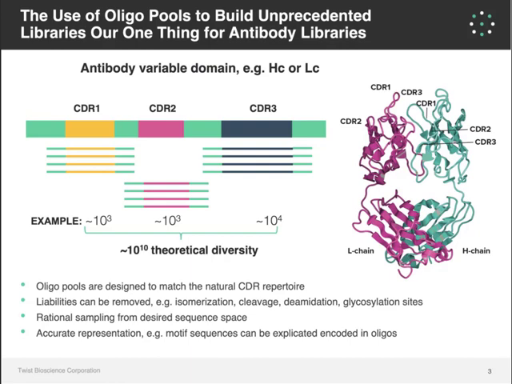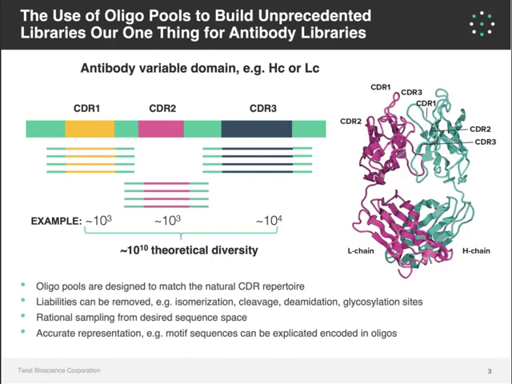I also can remove sequences up front from the synthesis that might lead to issues with isomerization, cleavage, deamidation, or glycosylation, for example. And the third advantage, which is key to the GPCR library case study that I'll talk about today, is that we can encode for specific motifs in those sequences if we choose to.